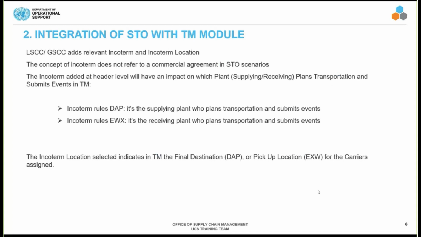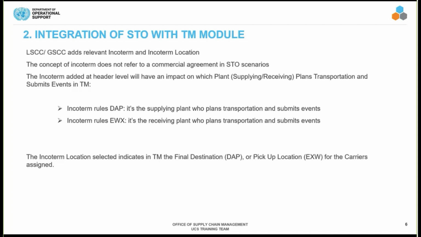So apart from the receiving storage location and the issuing storage location that Elena was explaining, please be aware that from now on, when you're processing STOs, it's very important that you indicate properly what is called the Incoterm there. That is not like the commercial agreement, but it's used for the system to know if it's the receiving mission or the sending mission who is actually planning the transportation.